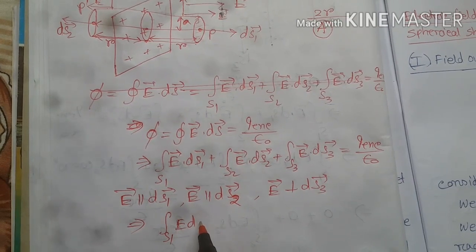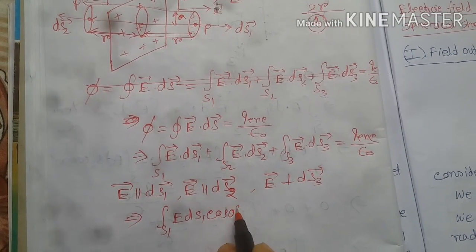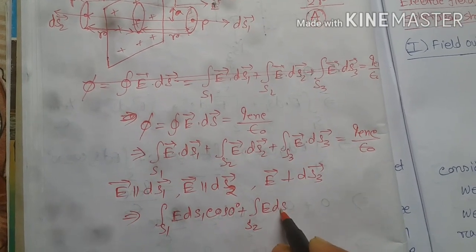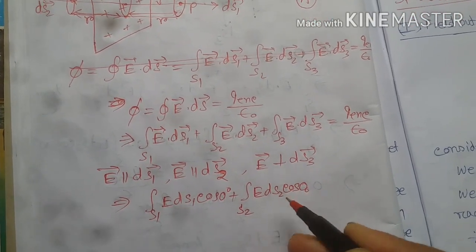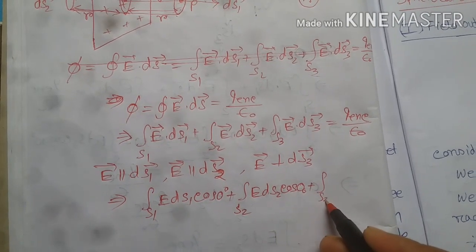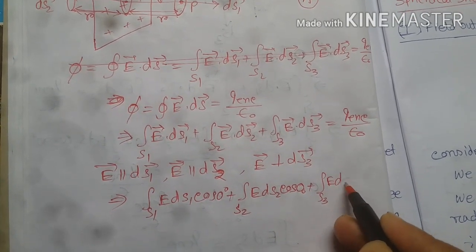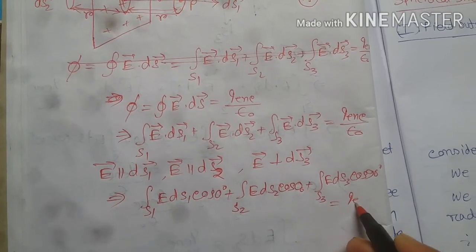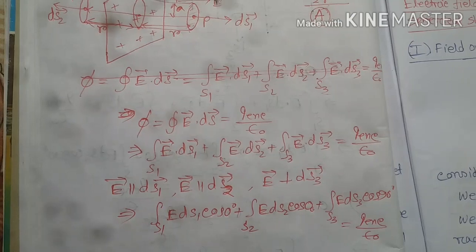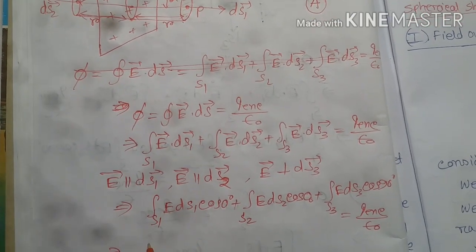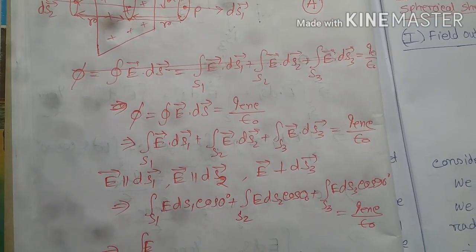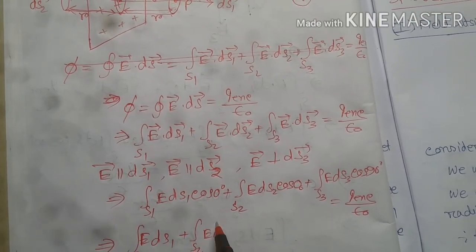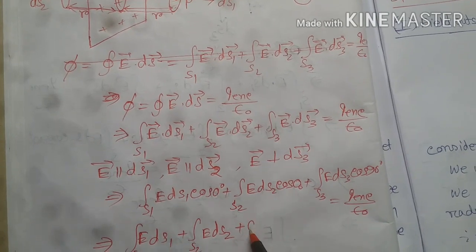Integral over S1 of E ds1 cos 0 degree, plus integral over S2 of E ds2 cos 0 degree, plus integral over S3 of E ds3 cos 90 degree, equals q enclosed divided by epsilon naught. And this integral will give you integral over S1 of E ds1 plus integral over S2 of E ds2, and the third term is 0.